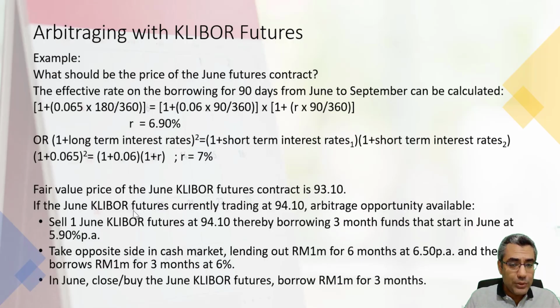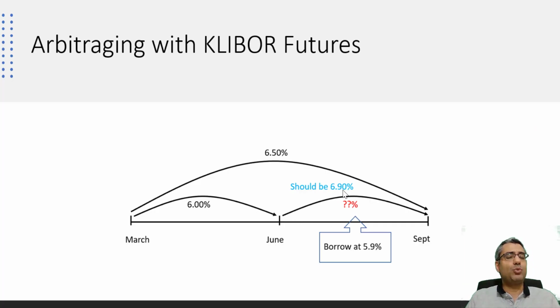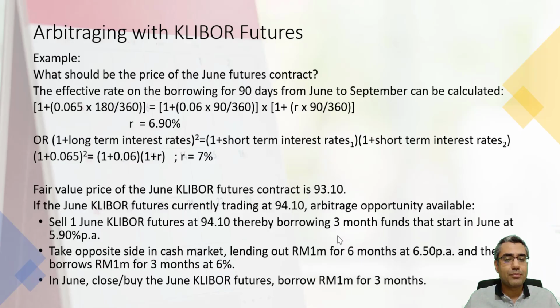But based on the question, June KLIBOR futures is traded at 94.1. What is the meaning of this 6.9%? This means that June KLIBOR futures should be priced at 100 minus 6.9%. But actually, currently, the price is 94.1.